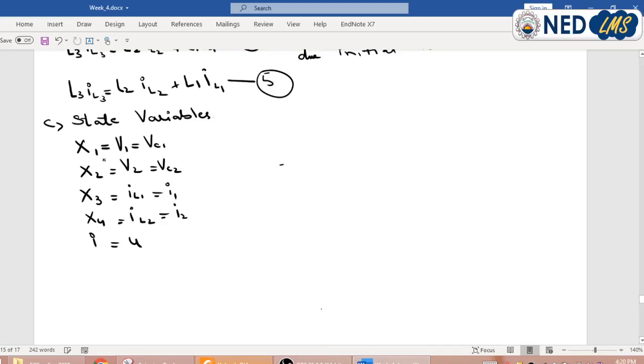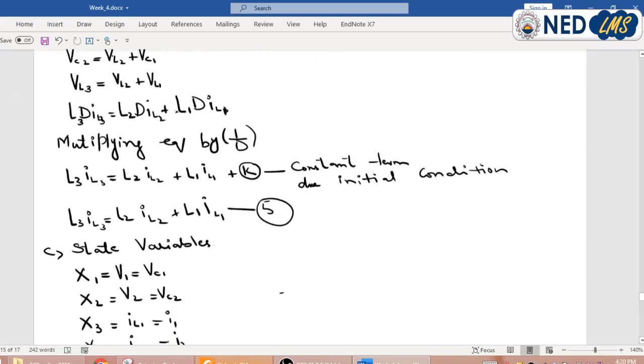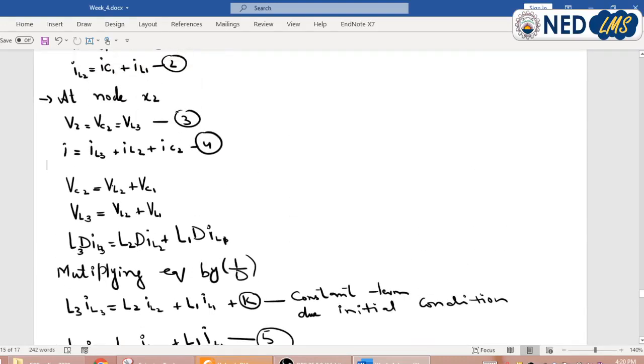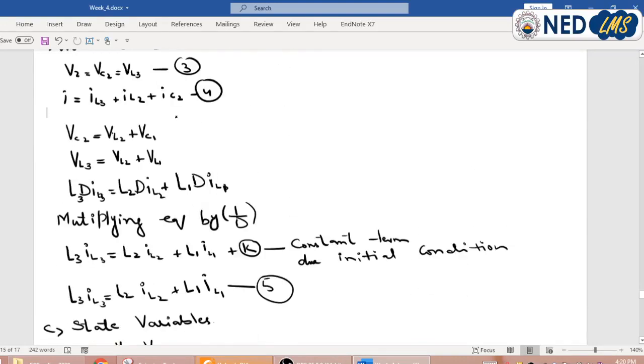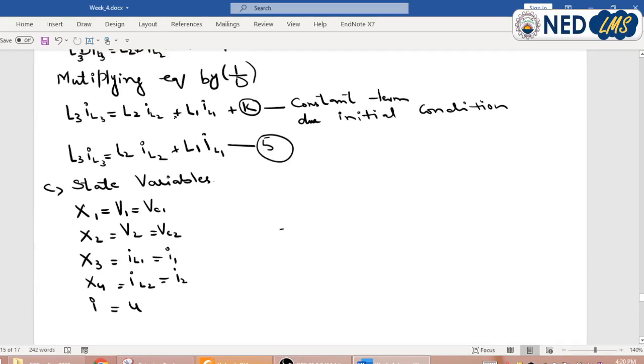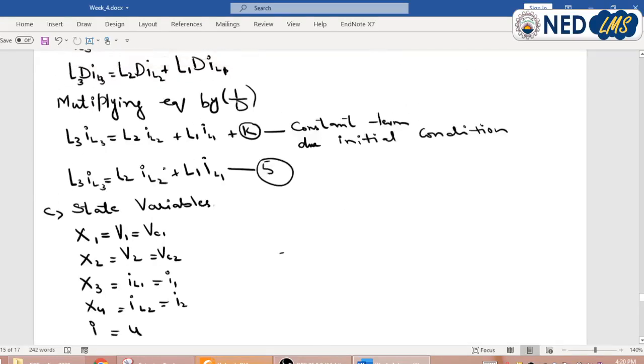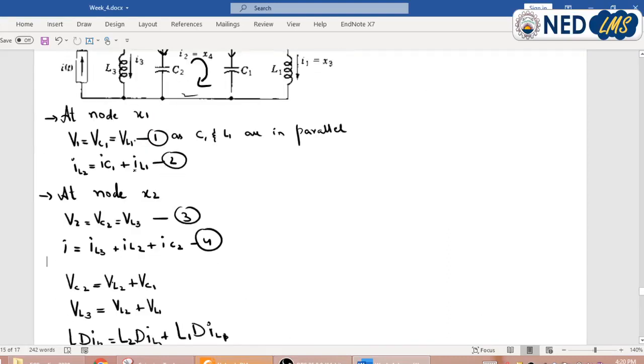So we can evaluate these four state variables, and the fifth inductor current can be evaluated with the help of these two state variables. So using equations 1, 2, 3, 4, we can evaluate it easily. What I can see here is that if I want to evaluate Vc1, I can use equation number 2.